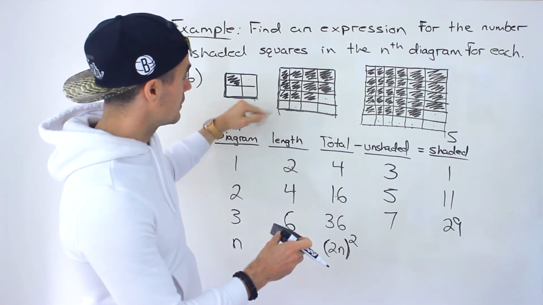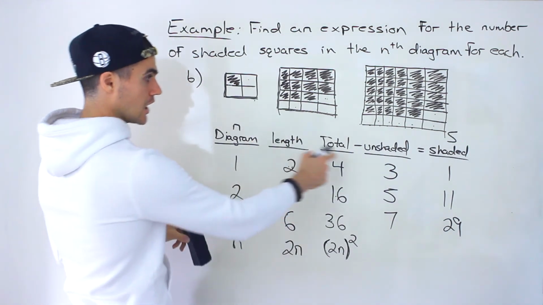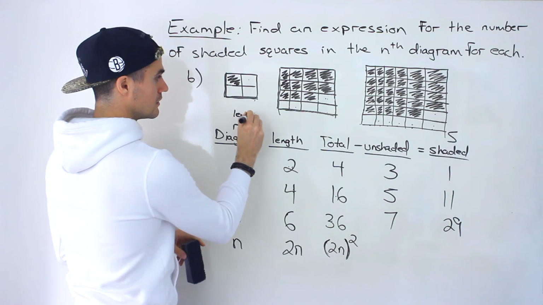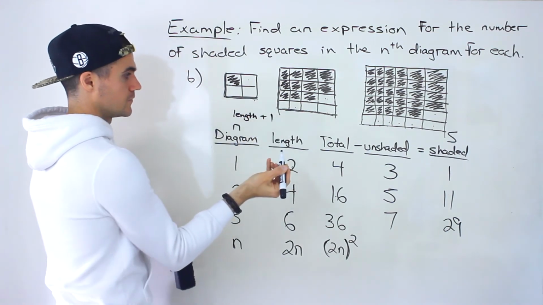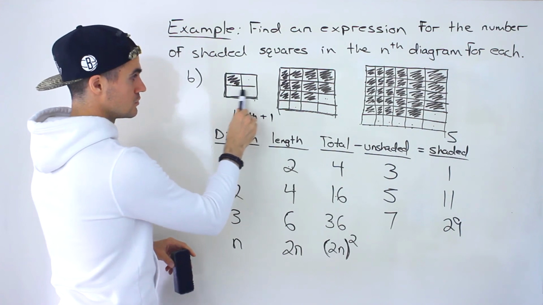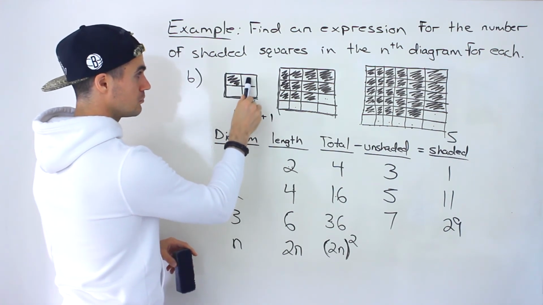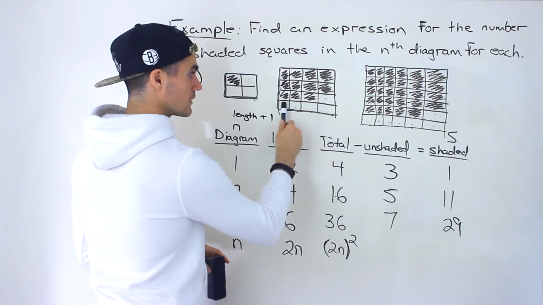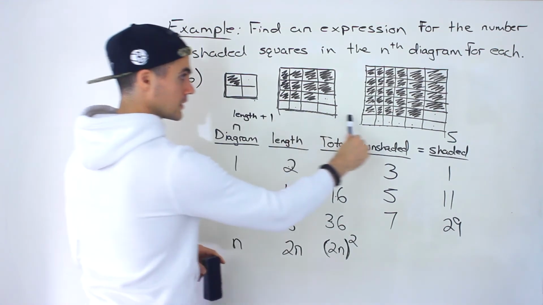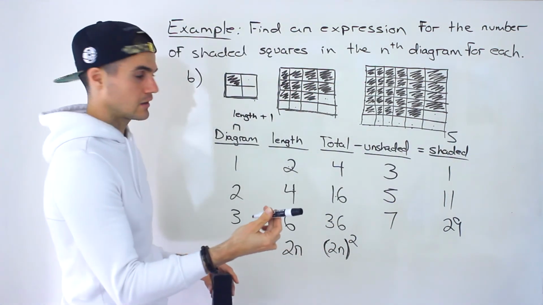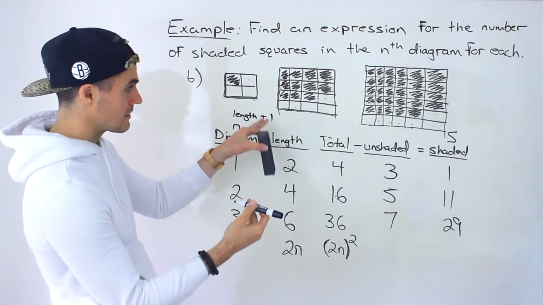So if you think about it, the unshaded number of squares is like the length plus 1. Here the length is 2, so it's 2 plus 1. Here it's 1, 2, 3, 4, plus 1. The length was 4 for the second diagram. Here the length is 6, so it's 6 plus 1. So it's just the length plus 1.